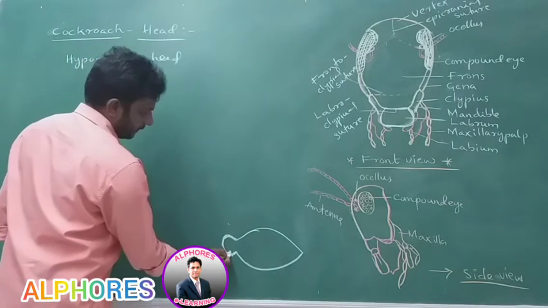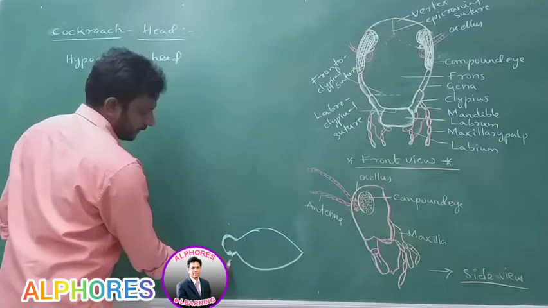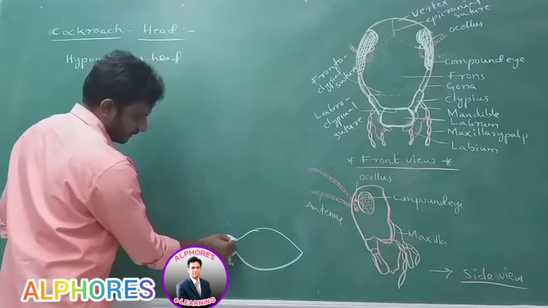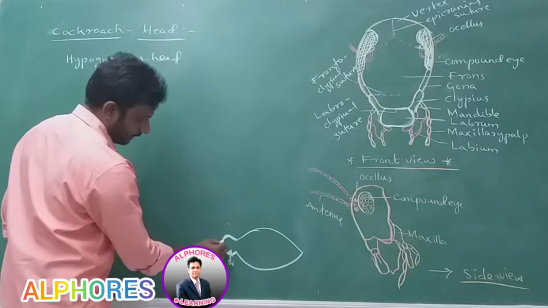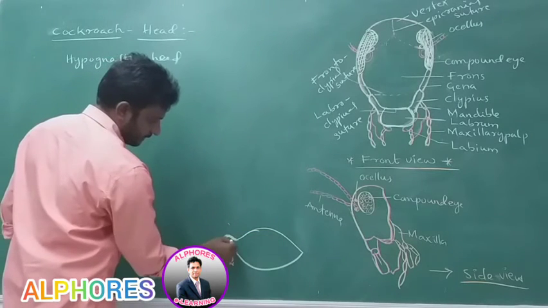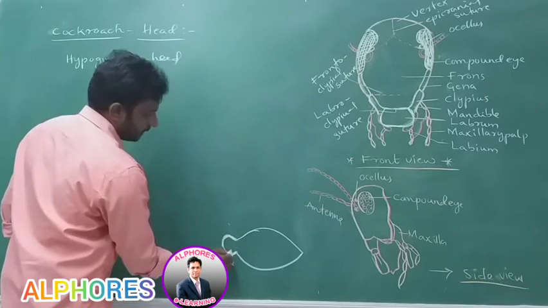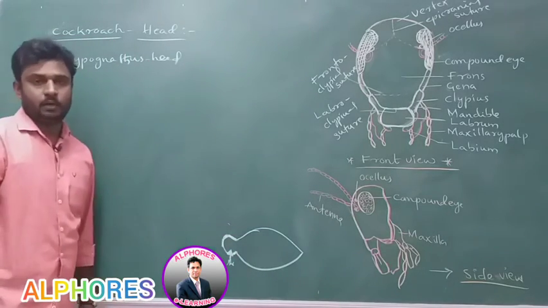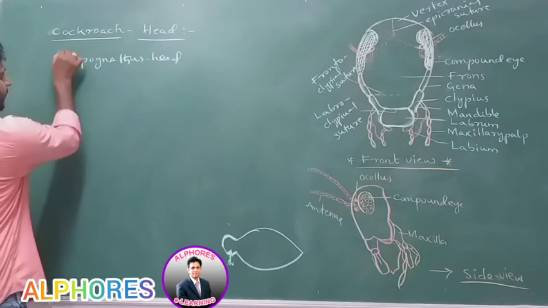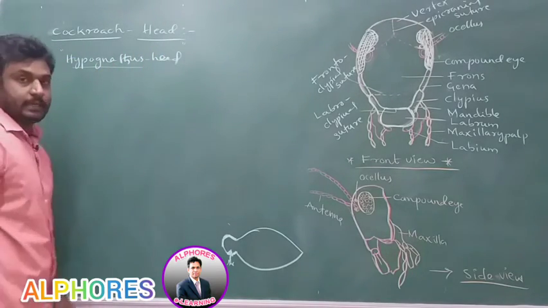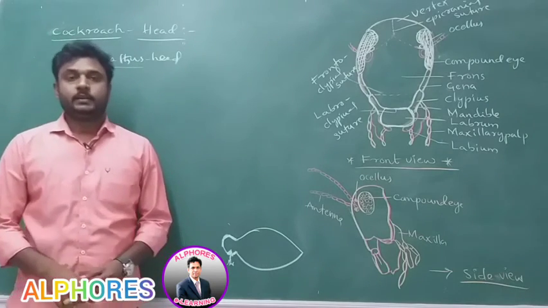While it is moving, with the help of these mouth parts it collects food materials. The head attaches at right angles to the body, with the wider part directed upwards and mouth parts directed downwards. So a hypognathous head is present in the cockroach.